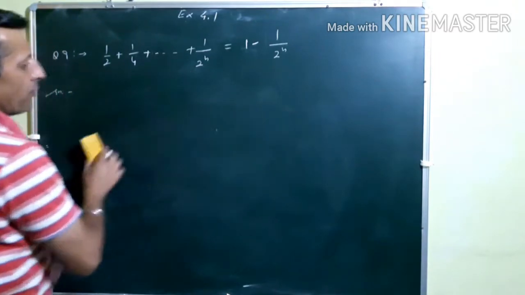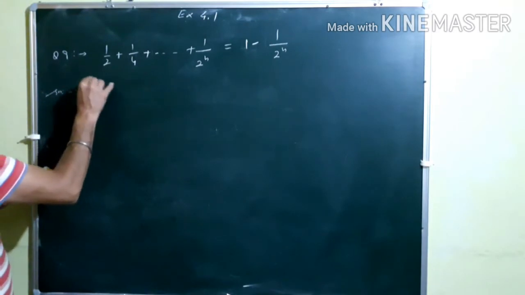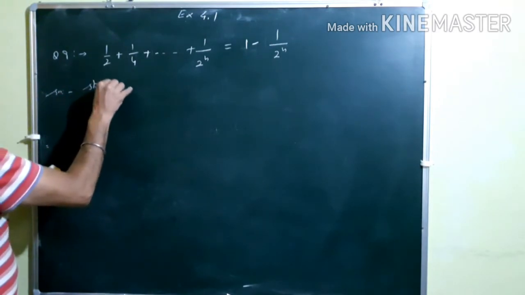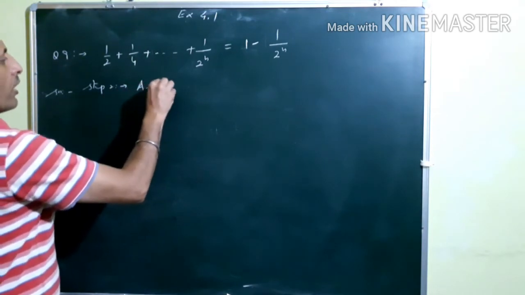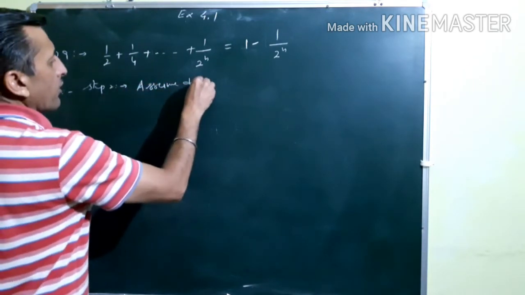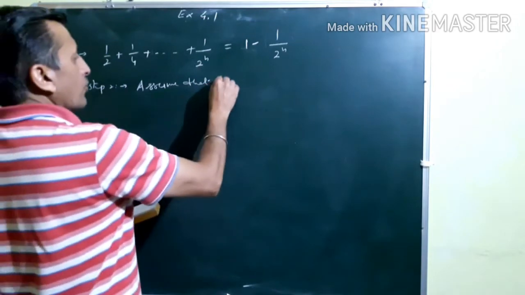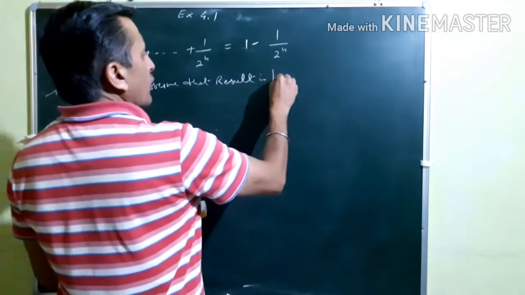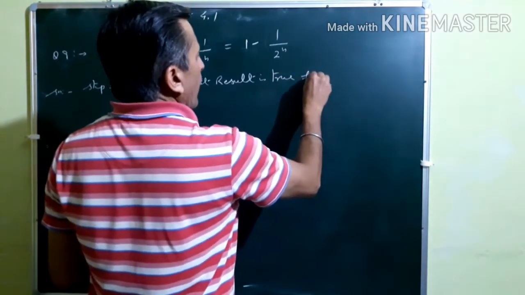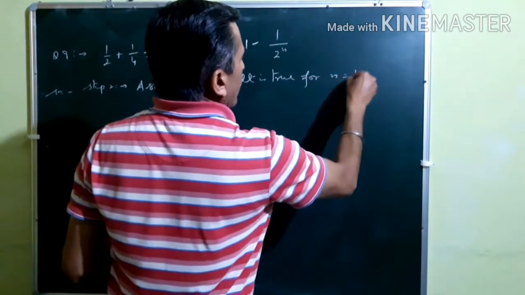Similarly, now we have to do step number 2. We assume that the result is true for n is equal to k.